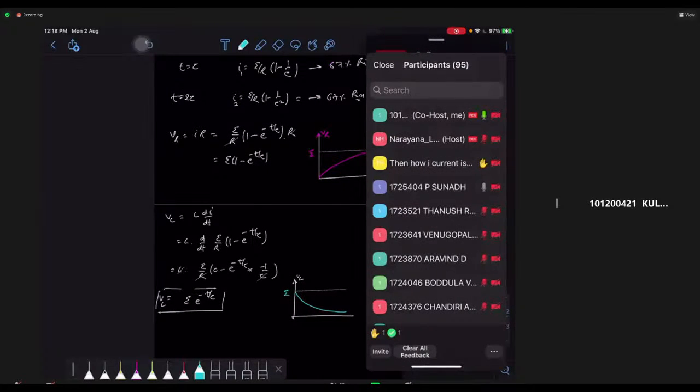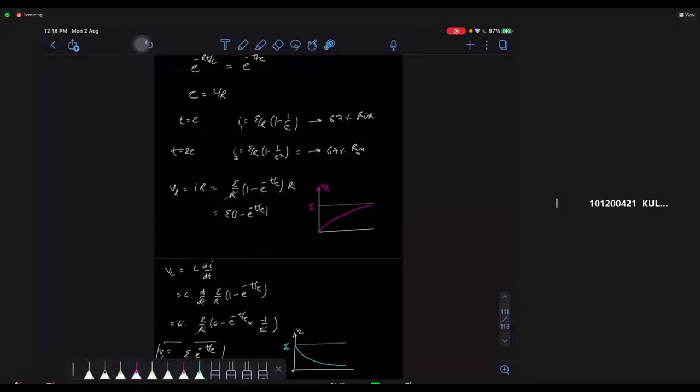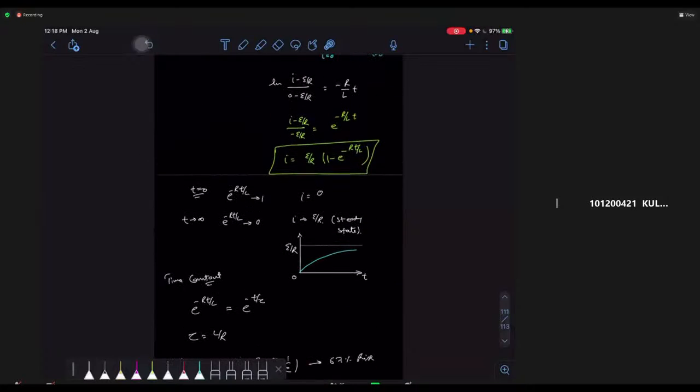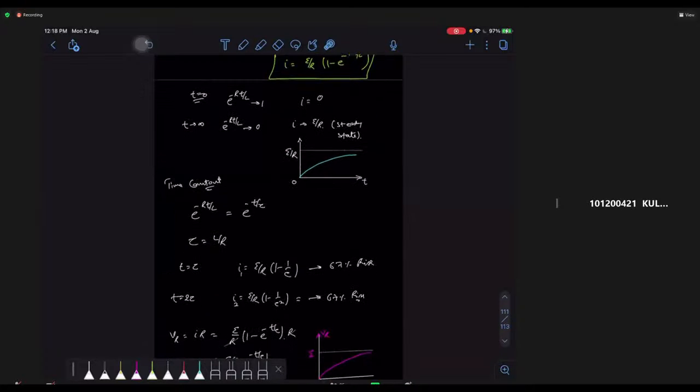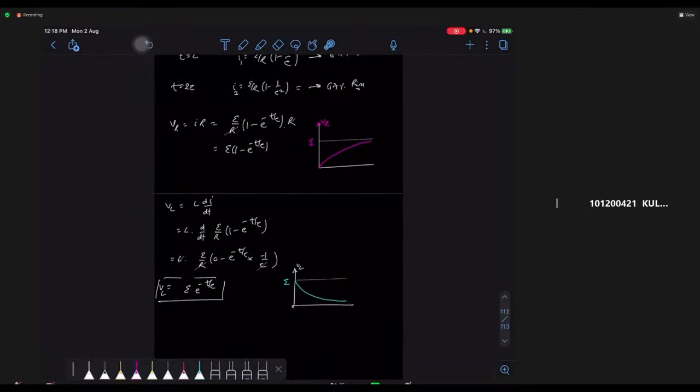So if we club together all these properties, I'm getting some general features of the LR circuit. Once again, just listen here. Current is rising and approaching a constant value E by R. The potential across the resistor is also rising and approaching a constant value E. The inductor potential is falling to 0.